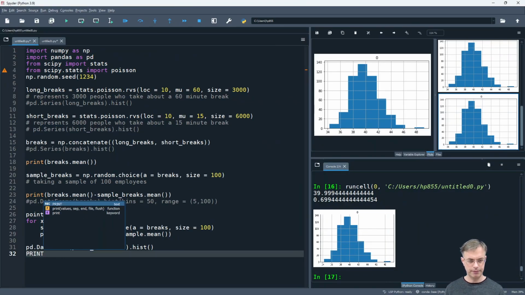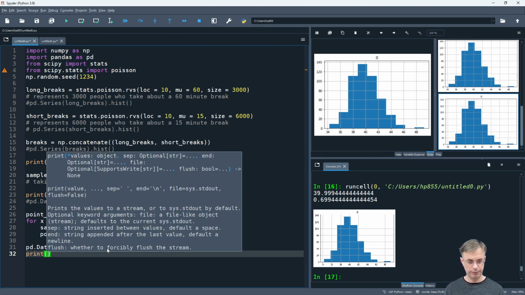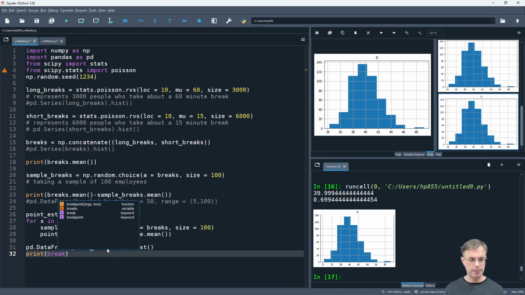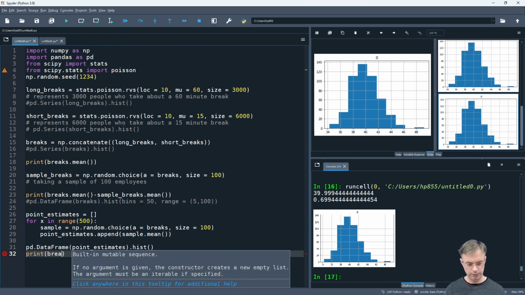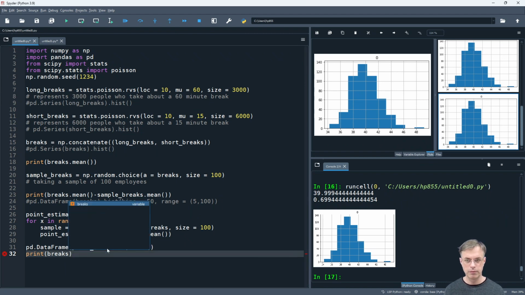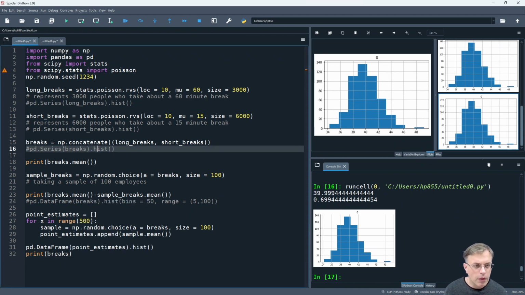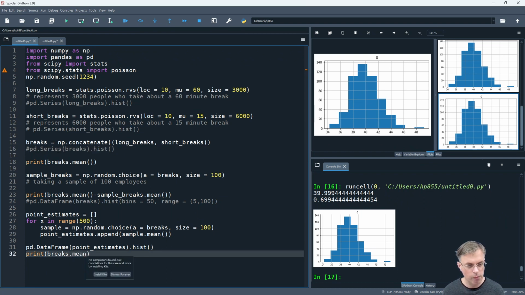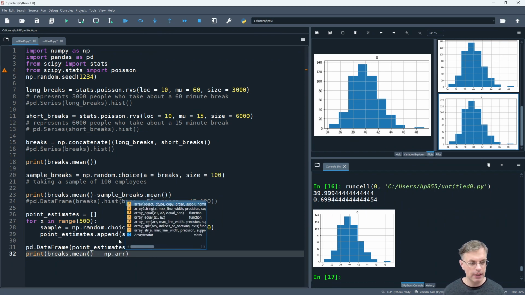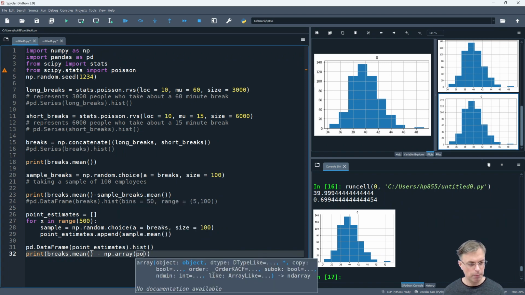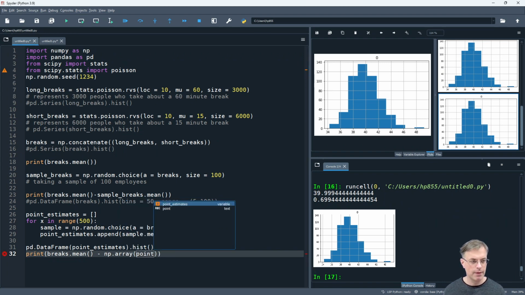So print, break, do we have the break means? Yeah, here we go. Mean minus np.array point_estimates mean.